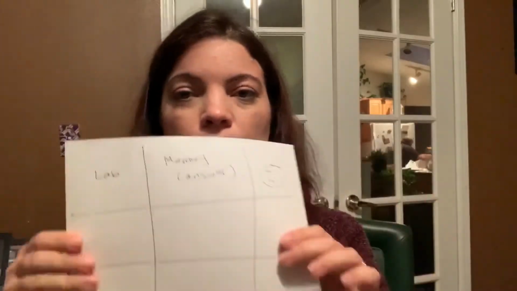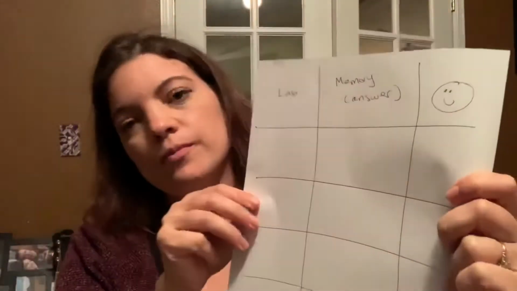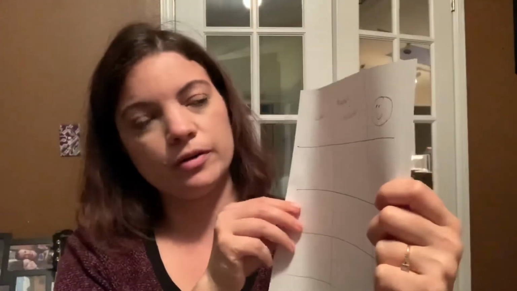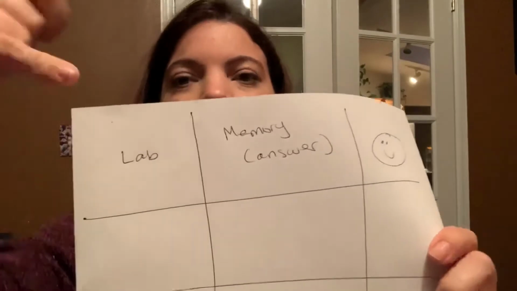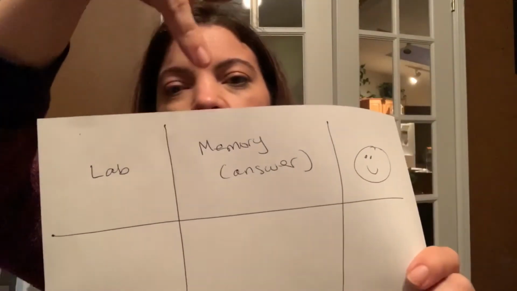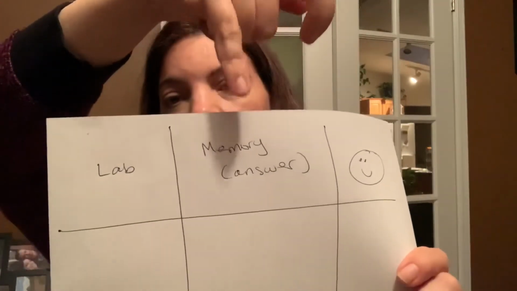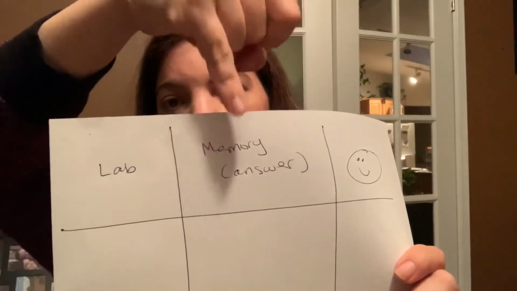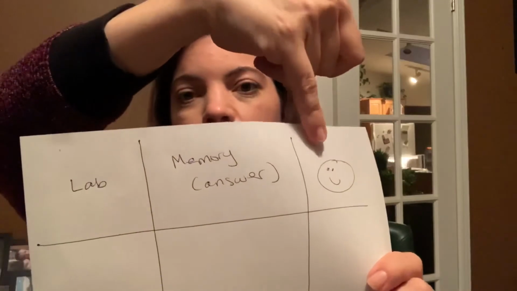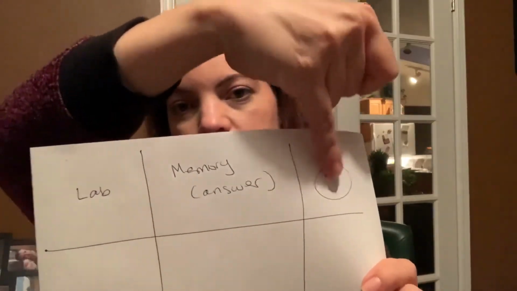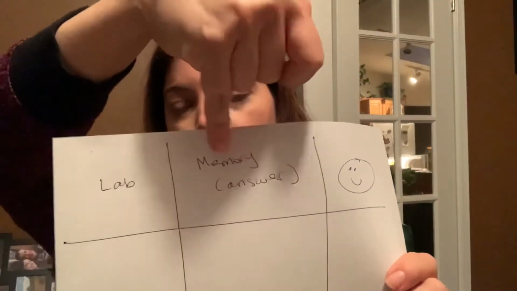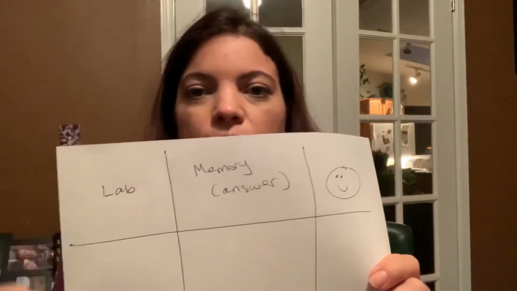It makes it really easy. The way you do it when you purchase the PDF is you just fold along the column. This is the format for the PDF. It's going to have the lab name, the abbreviation for the lab, the normal limits for the lab, and then the memory tricks here. And then here is going to be a picture that matches the memory sentence.